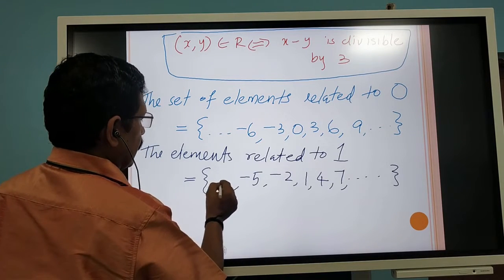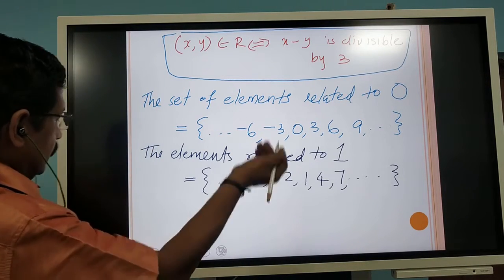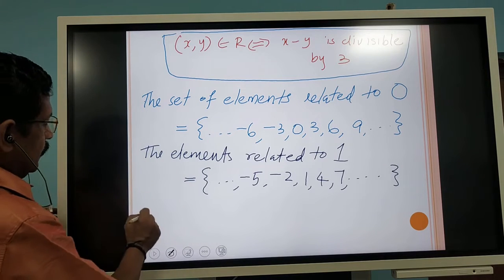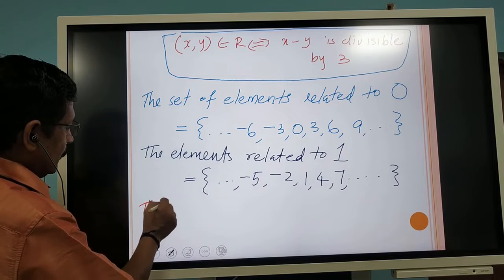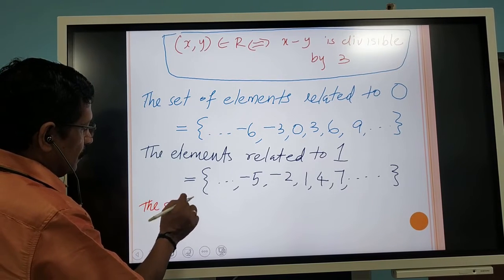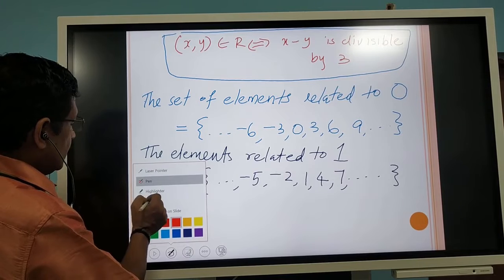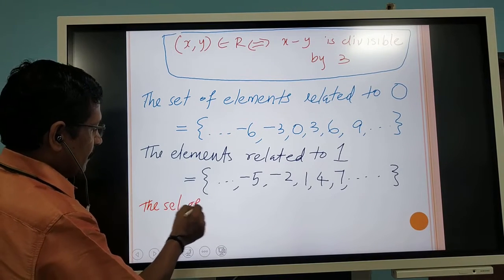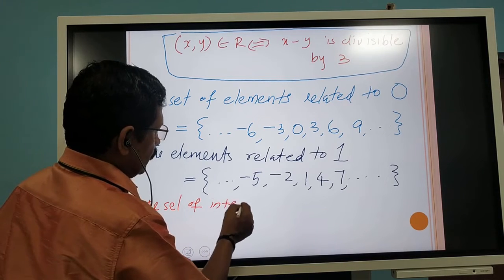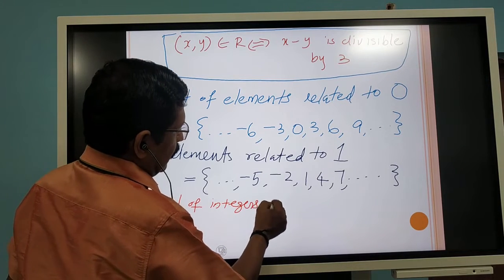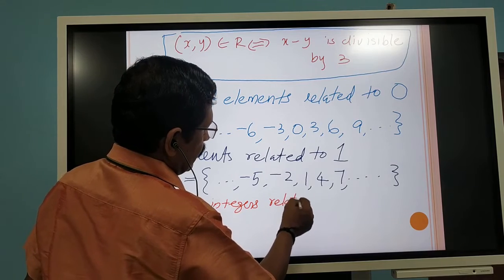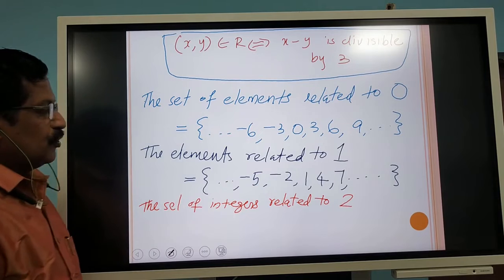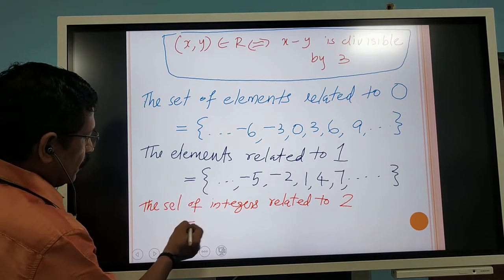Negative 5. Excellent. Now, the third case I am taking: the set of integers related to 2.